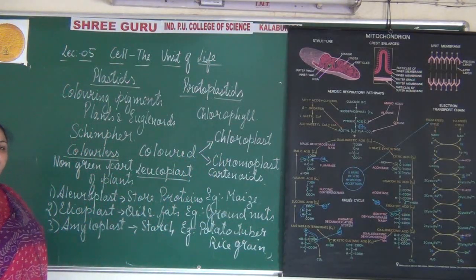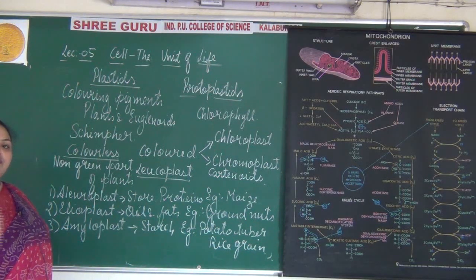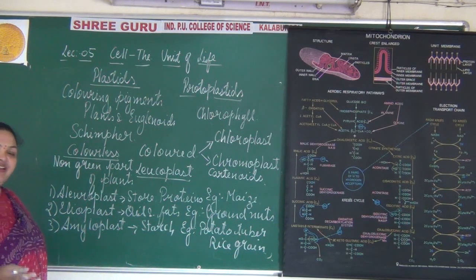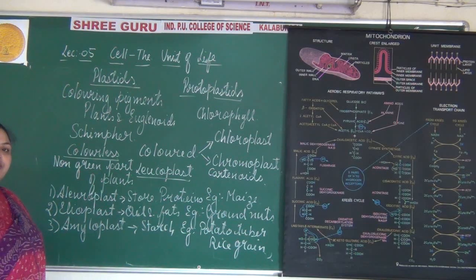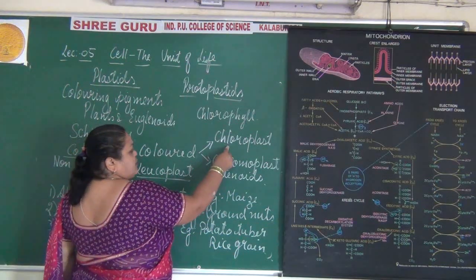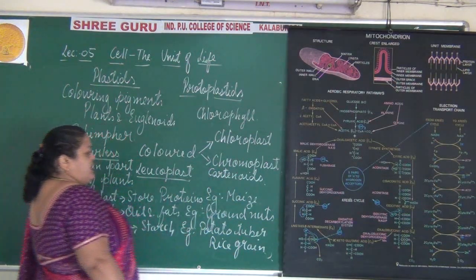At a particular period of time, there is change in the color of the fruits. Raw fruits appear green in color, while the ripened ones appear in characteristic colors. So there can be change usually from a chloroplast to the chromoplast.